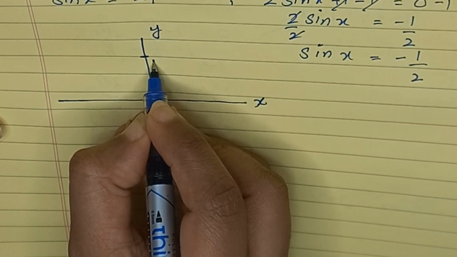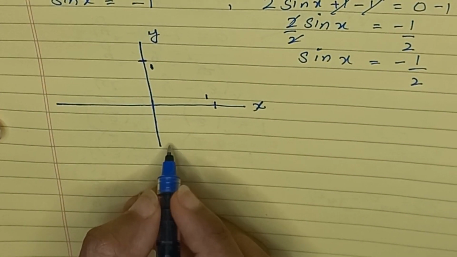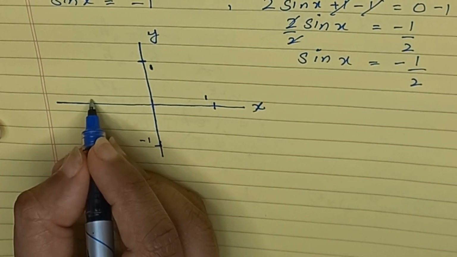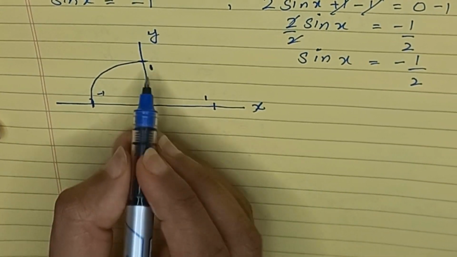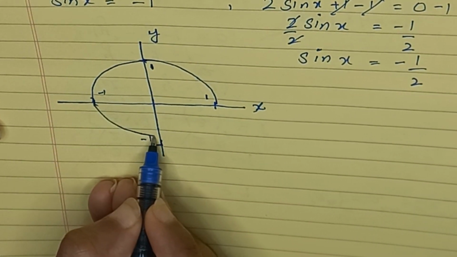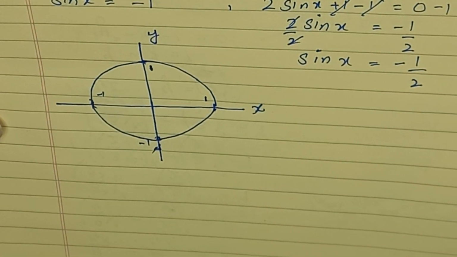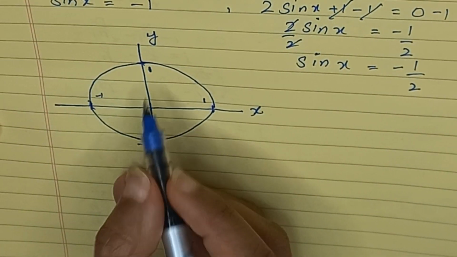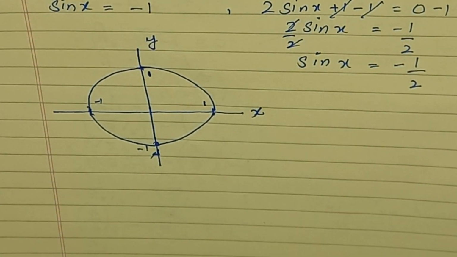Its point is positive 1 here and positive 1 there, and negative 1 and negative 1, and we make a circle. Okay, now here we have two values, sine x is negative 1 and negative 1 divided by 2.